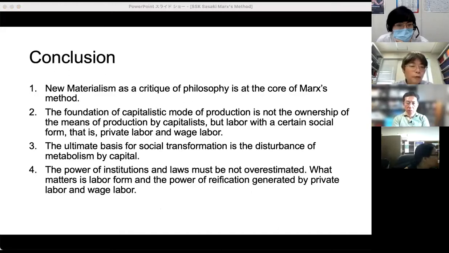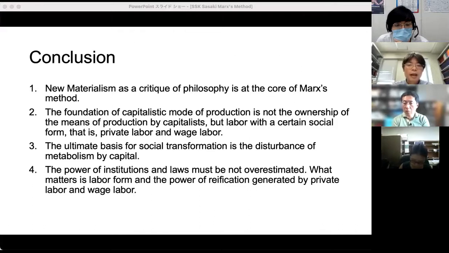I would like to finish my talk by summarizing the main points. First, new materialism as a critique of philosophy is at the core of Marx's method. Second, the foundation of capitalist mode of production is not the ownership of the means of production by capitalists, but labor with a certain social form.